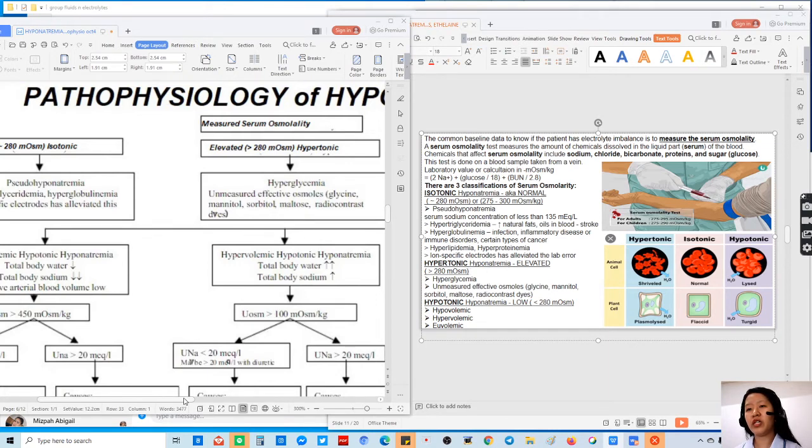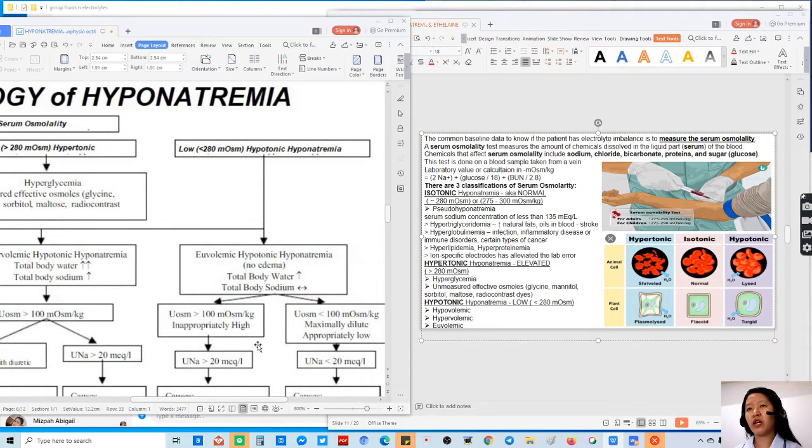Then the third is low, which is hypotonic hyponatremia, which is less than 280 milliosmol, or less than 275 milliosmoles per kilogram in other studies.